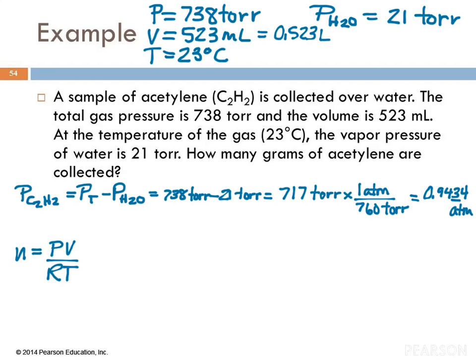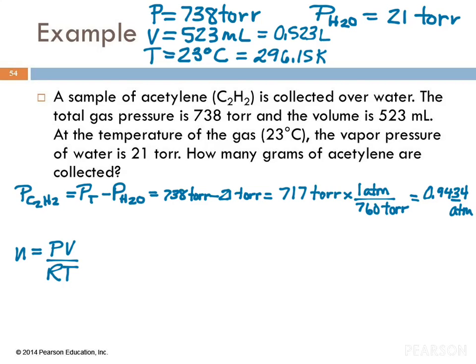How about 23 degrees Celsius? We want to convert that. 296.15 Kelvin? Yes, because 298 is 25.